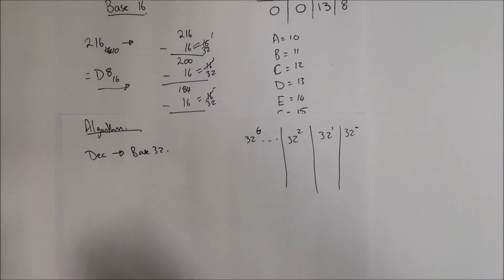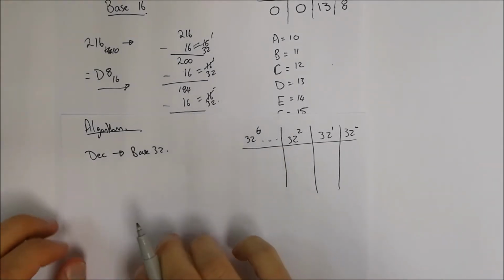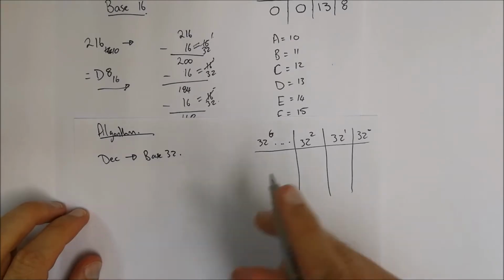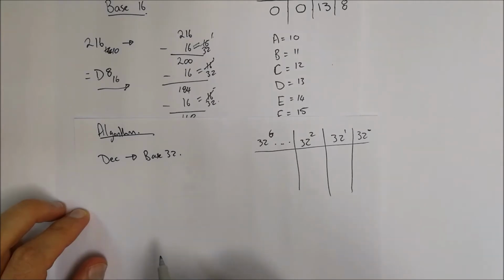I'm using that as the maximum number we're going to take into account. Whenever we solve this problem, we first check whether this specific 32 to the power of 6 goes into your decimal number.